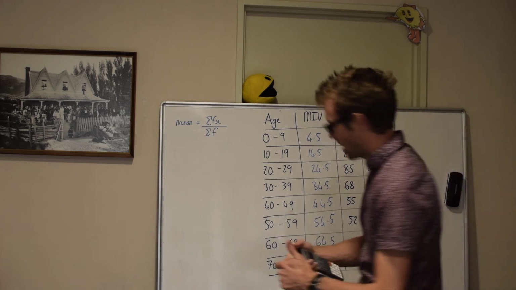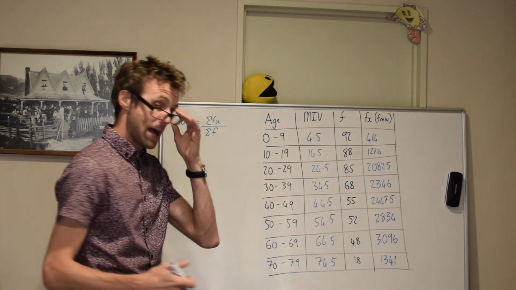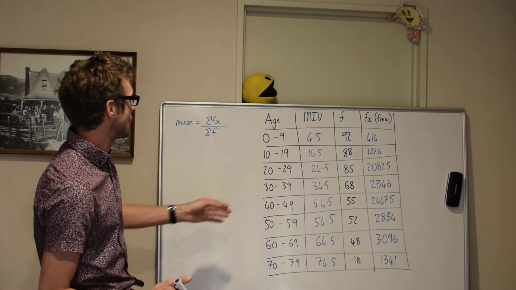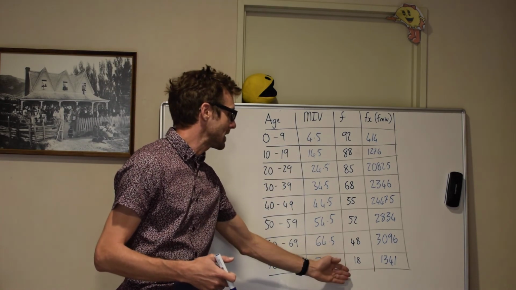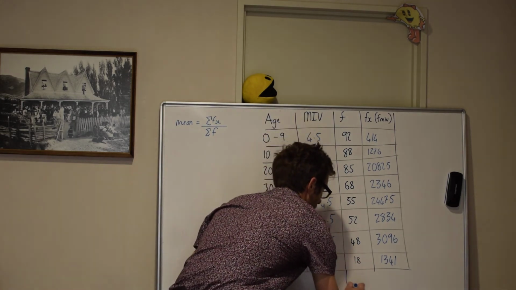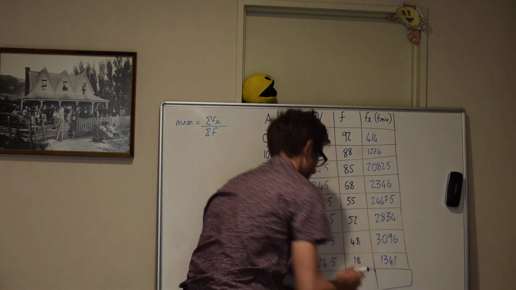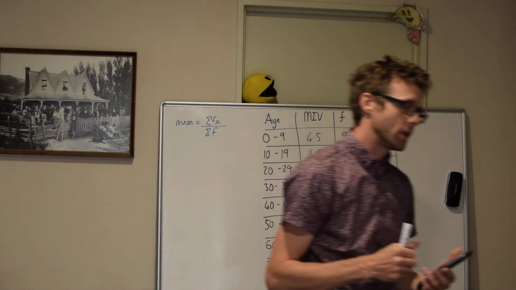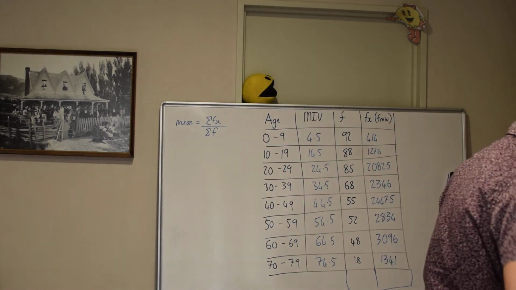Okay, so now I've got all of my data in. The last step is, of course, to figure out the sum of our frequency and the sum of fx. So we're just going to have a couple of extra boxes down here to work out what those values are. So again, pause the video, go ahead and do that now.